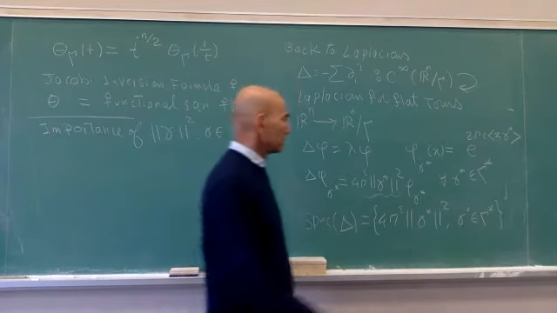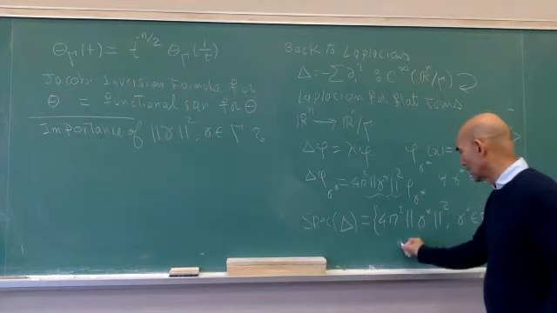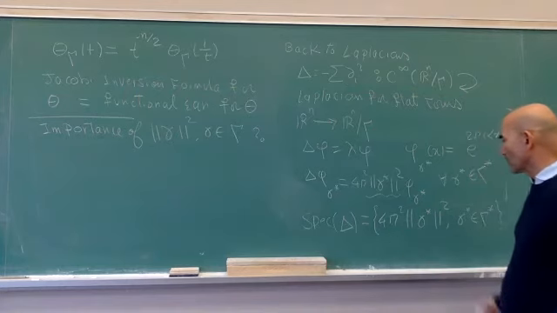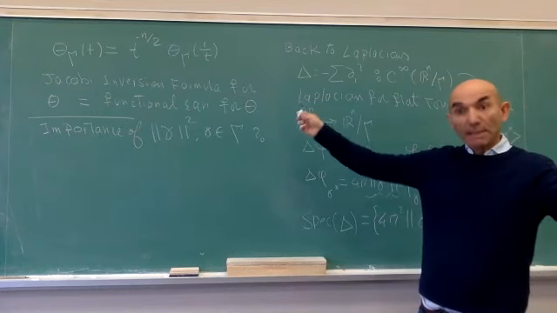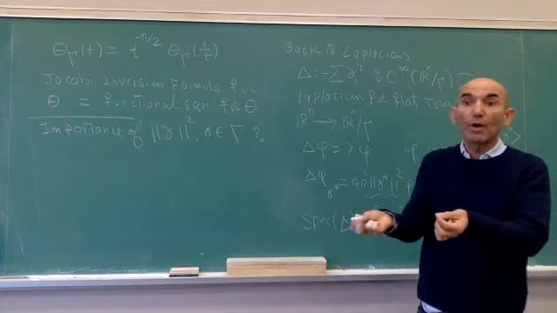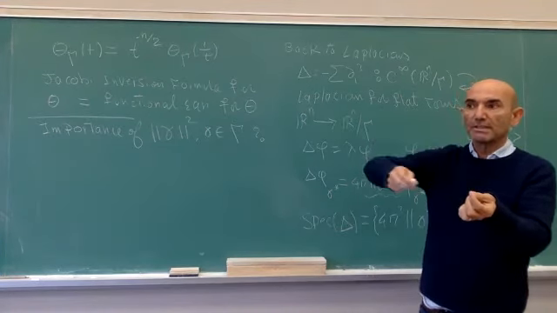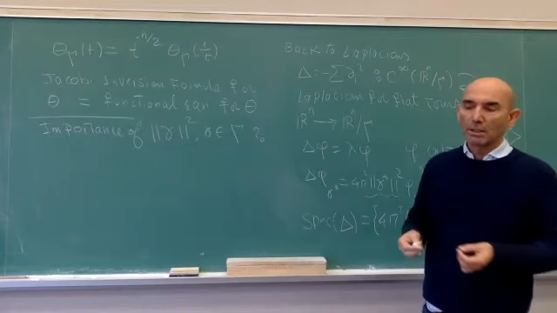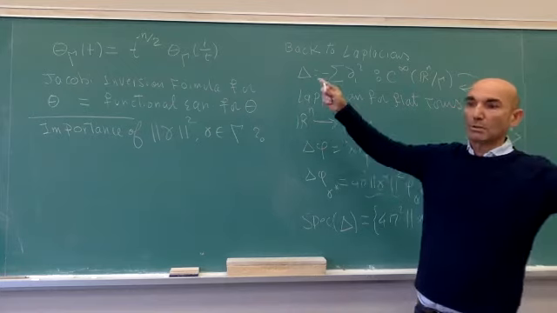You have to put in a bit of multiplicity here, because you can have different points in the lattice that have the same distance to the origin. For example, a square lattice is just like that, right? Points that are on the vertices of the square have the same distance to the origin, and so on.